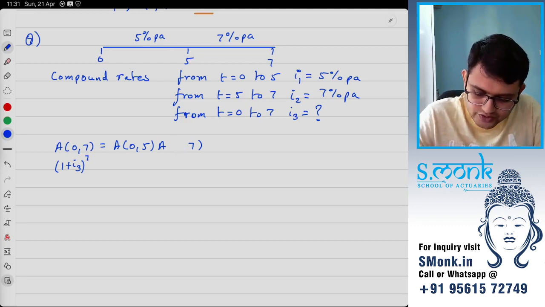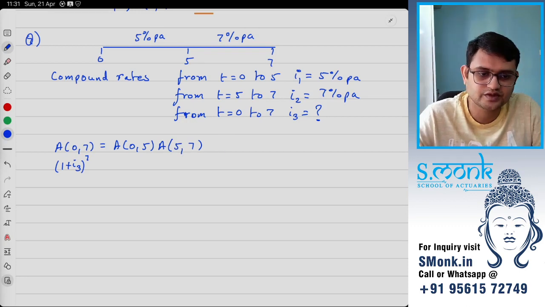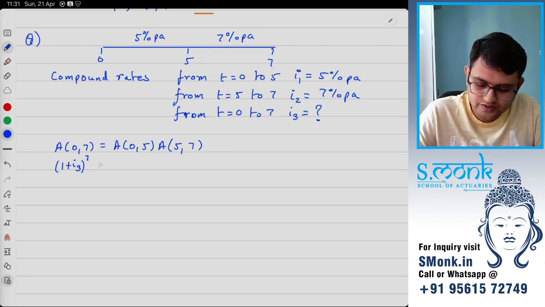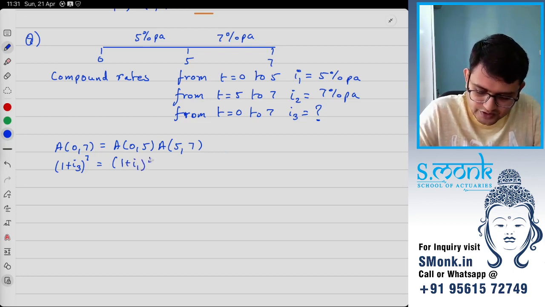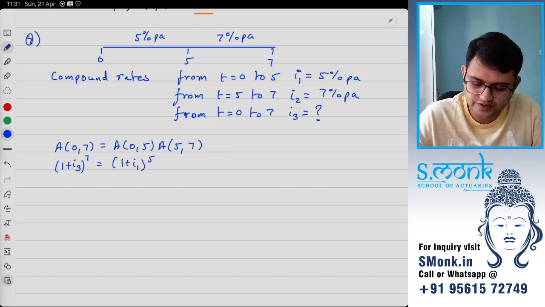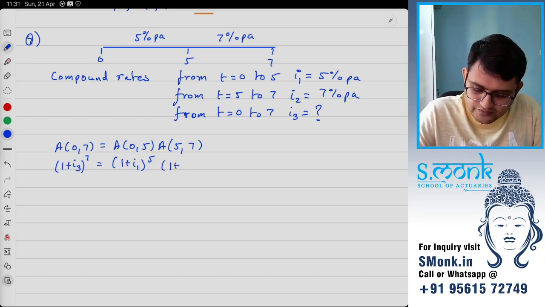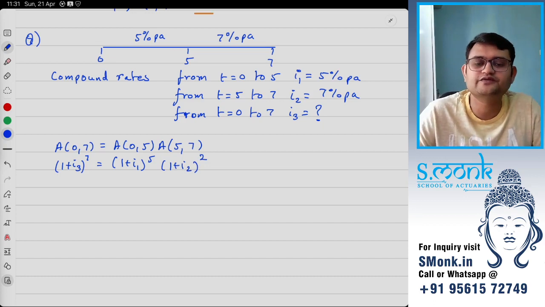Okay, I wrote here 0 to 7. No, it will be 5 to 7. Please correct that. Okay, 5 to 7 will be equal to 1 plus I1 raised to 5, because this is going for 5 years. And then 1 plus I2 raised to 2, because 5 to 7 we have only 2 years.